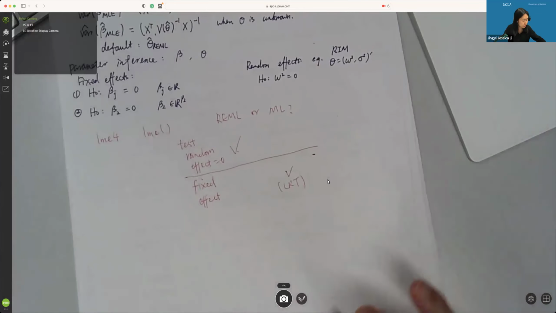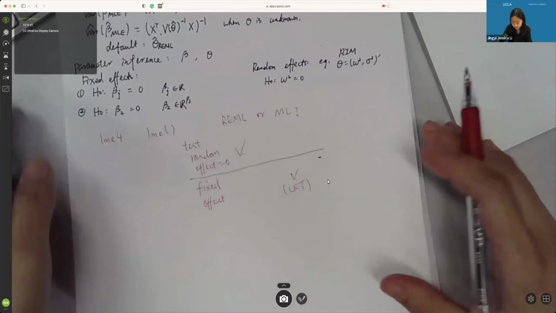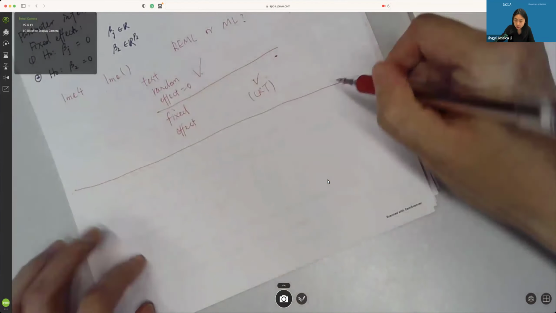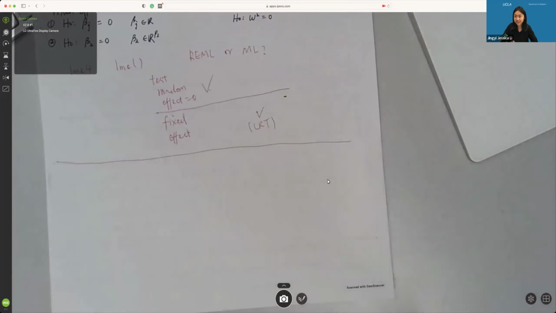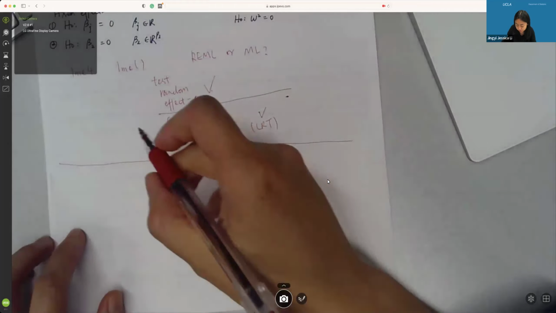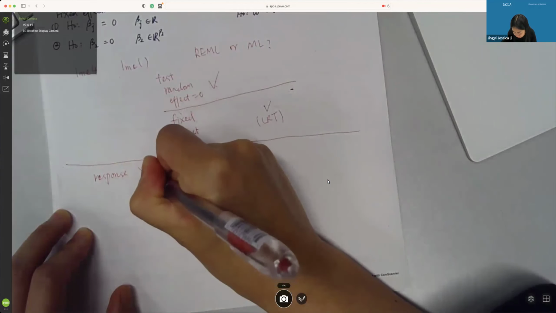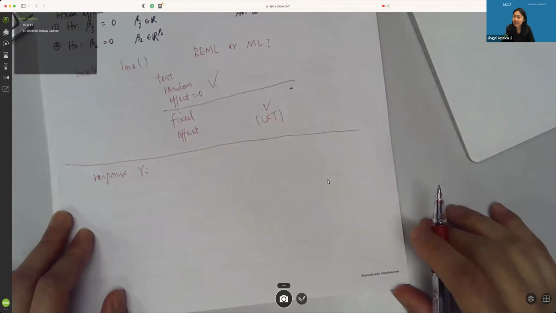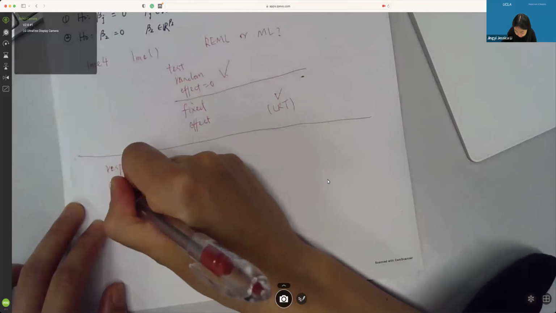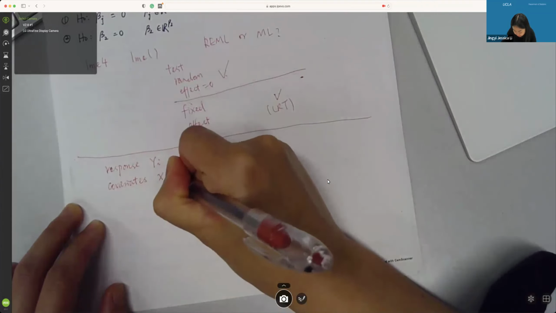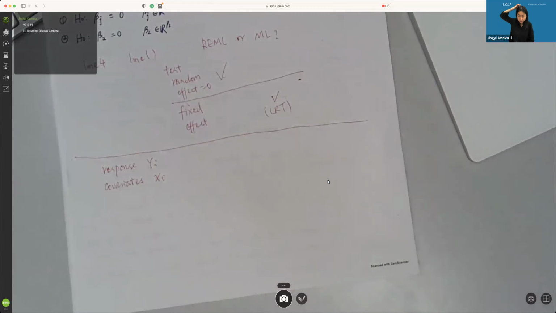So then for the review part, I hope to do the following. First of all, I want to say that the core of this class is we want to link our response yi to some covariates, which we call xi. So their relationship is what we are ultimately interested in.